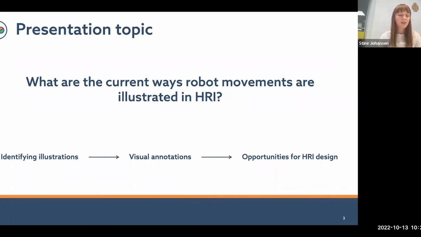Currently there are many ways that we can supply supplemental materials to show the robot movements that are in a study, or that are designed. We can include videos in our paper, and we can include videos when we do presentations, but static 2D illustrations are still the primary way that we communicate these movements in our research.